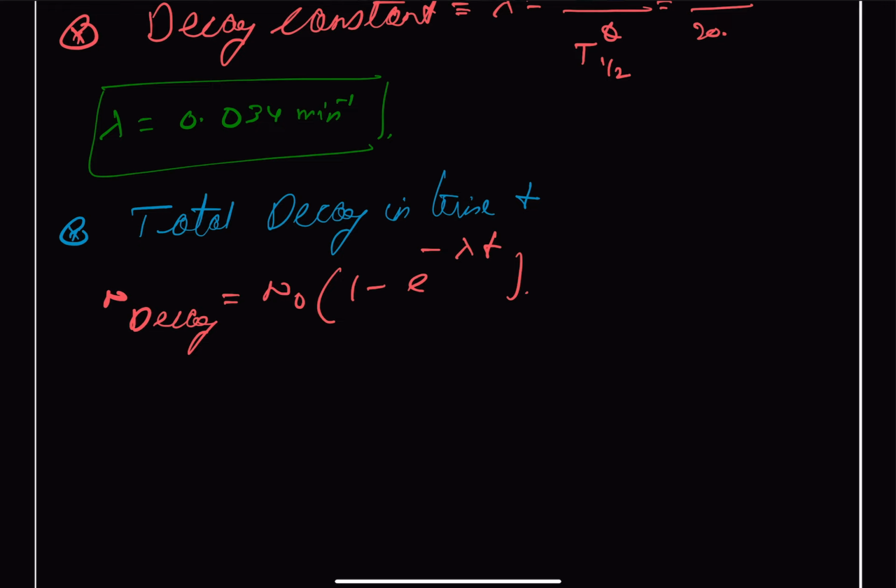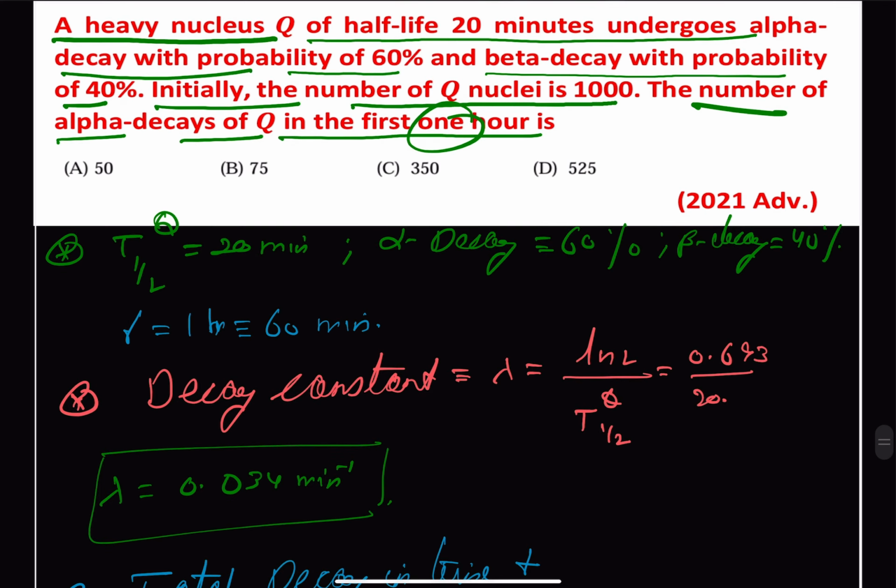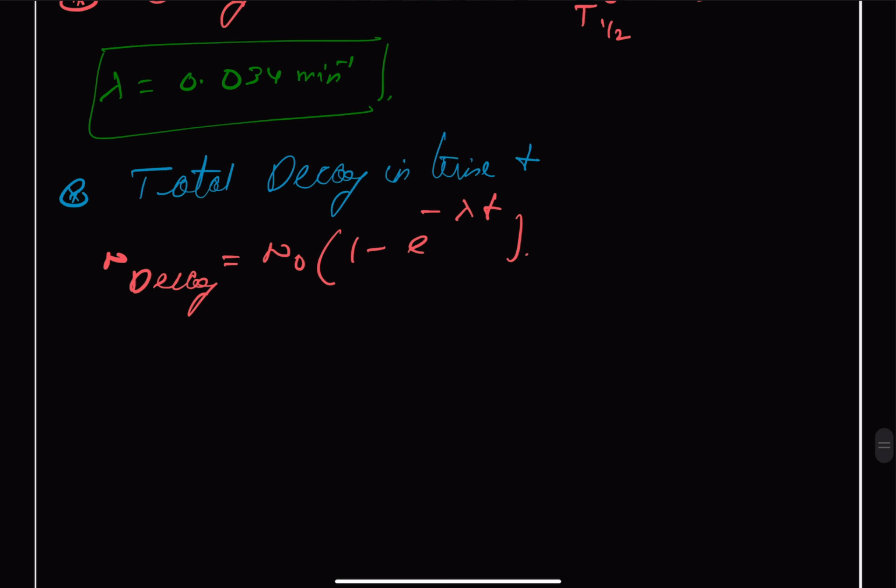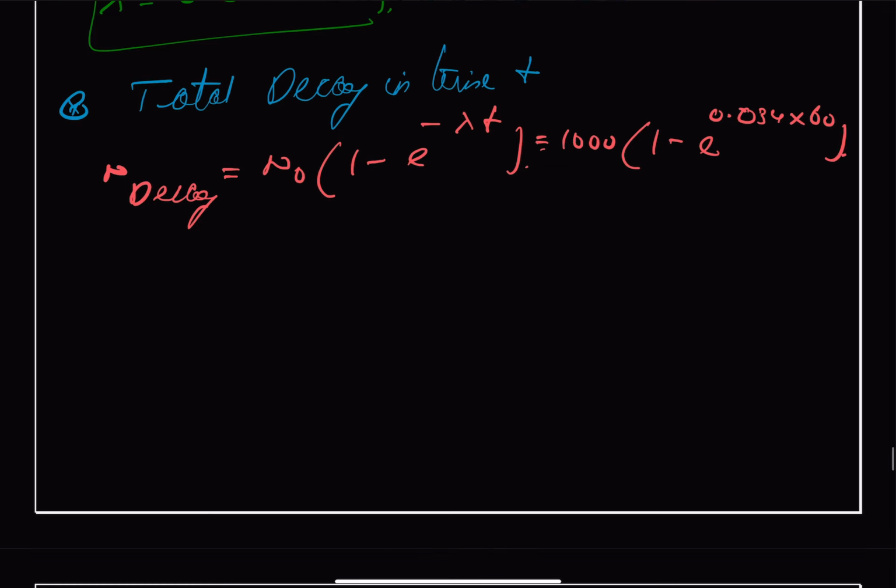And one second, this is with respect to Q. So N naught is given to us as 1000. 1 minus e raised to power minus lambda, which we found out is 0.034, multiplied by 60 minutes, and this gives us that N decay is approximately equal to 875. So this is in 1 hour.